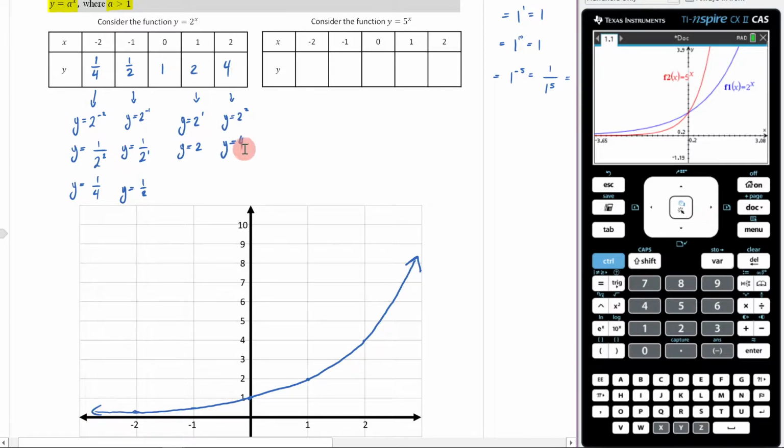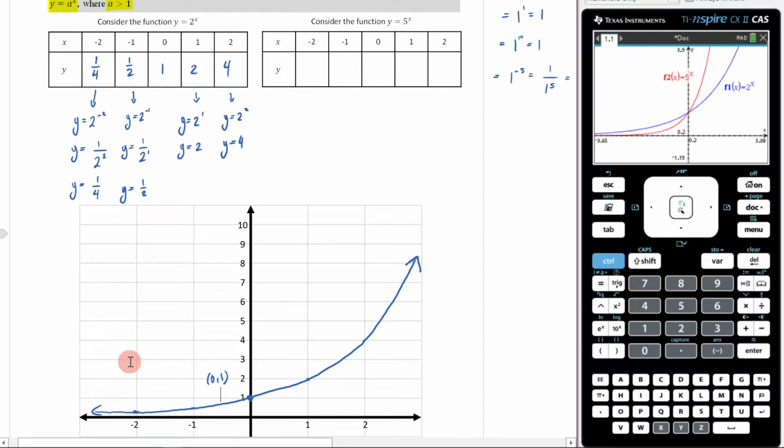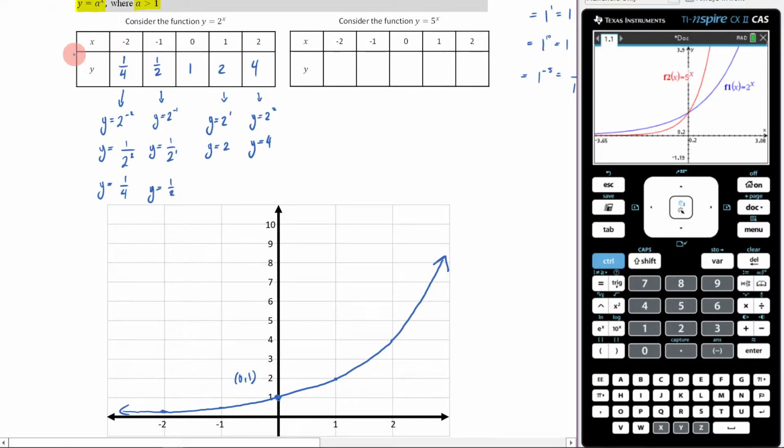And now let's do the other one. Before we actually do that, let's take note of something. What is my y-intercept? It's going to be 0, 1. And also take note of the fact, am I ever going to touch the x-axis here? And hopefully you can see that you're never going to touch it, because even if I was to make my x value like huge, let's make it -100. What would happen with my y value? Well, I would go y is equal to 2 raised to the -100.